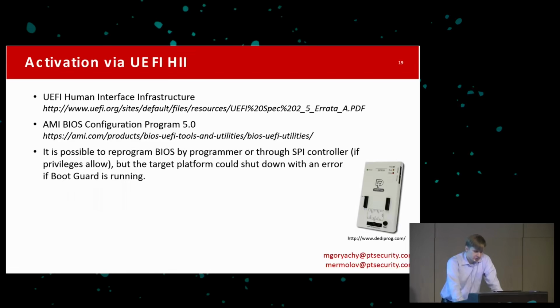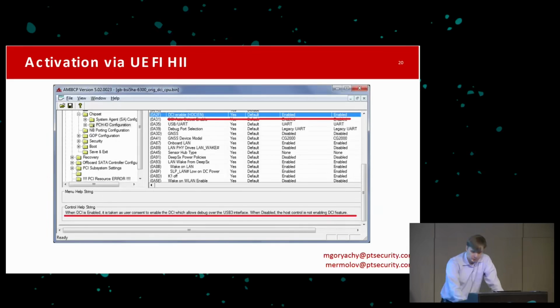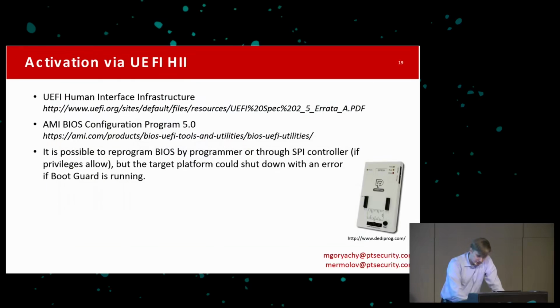The edited image is programmed into SPI flash by a programmer or through the standard BIOS firmware tool if you have privileges. These settings can be edited by a special AMI BIOS configuration program. It's free. You can download it from the AMI website.